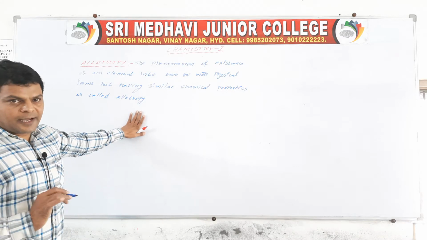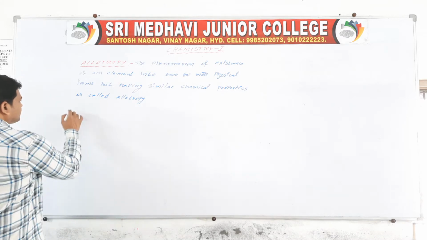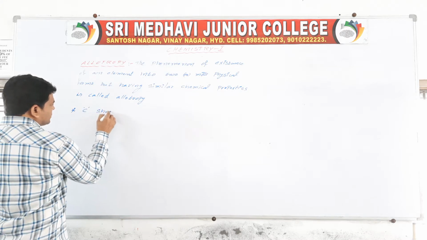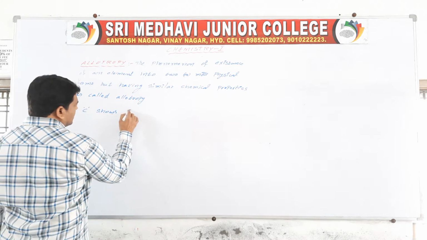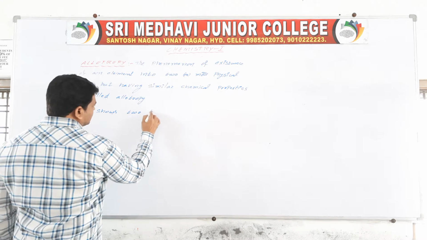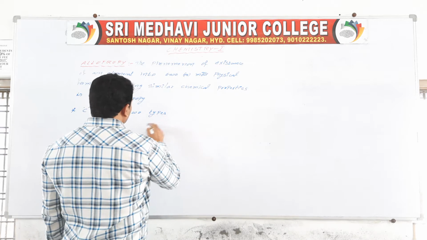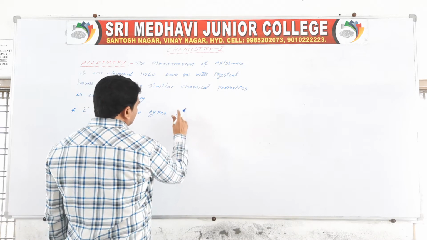Okay. So here carbon shows two types of allotropes.